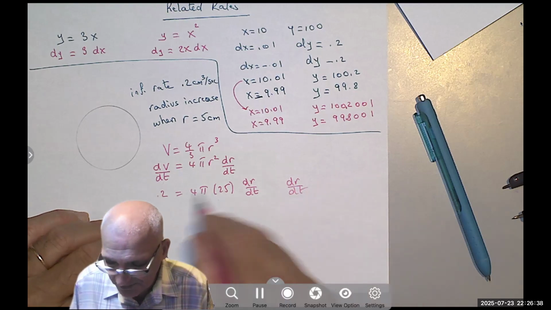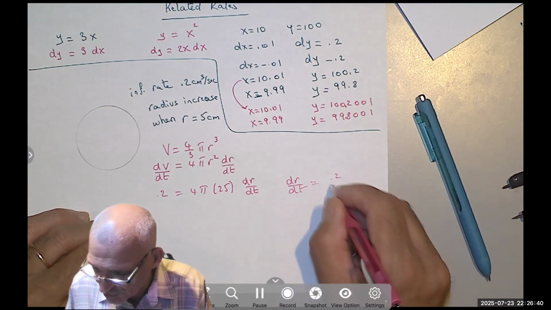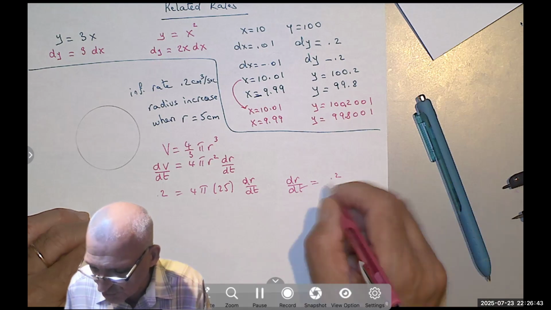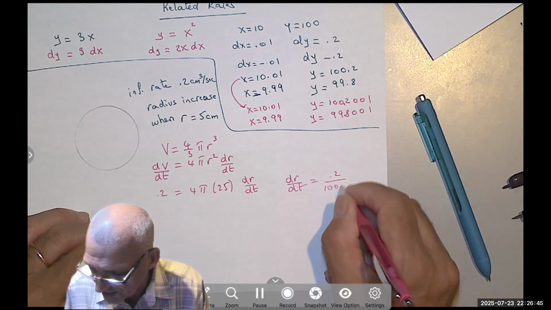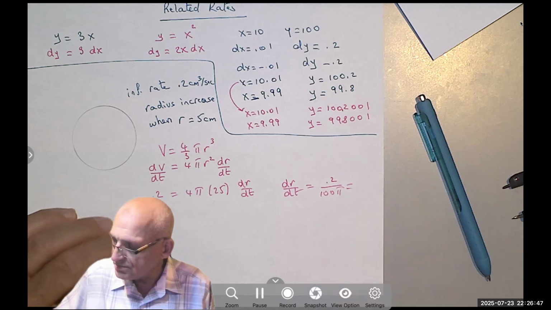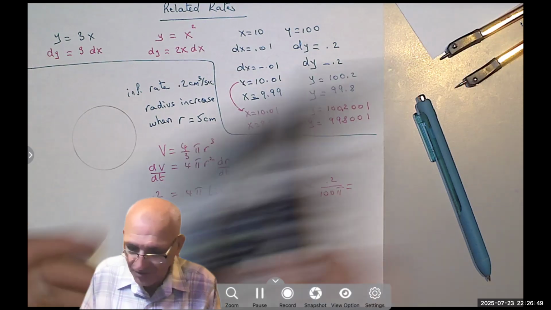So you get dr/dt. Notice that this is 100 pi, so it's 0.2 over 100 pi. So that is a very small value.